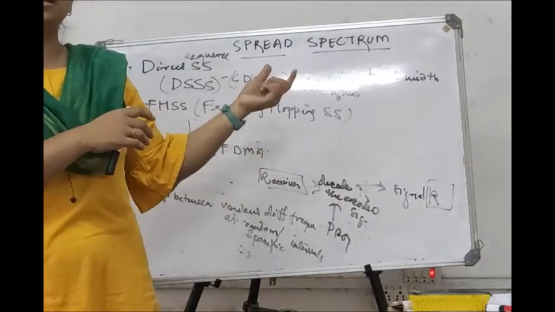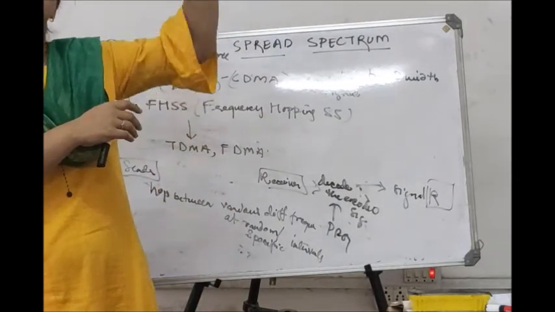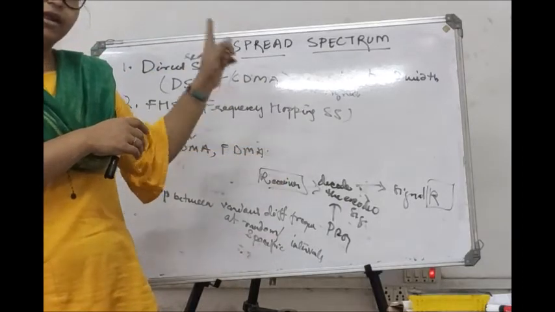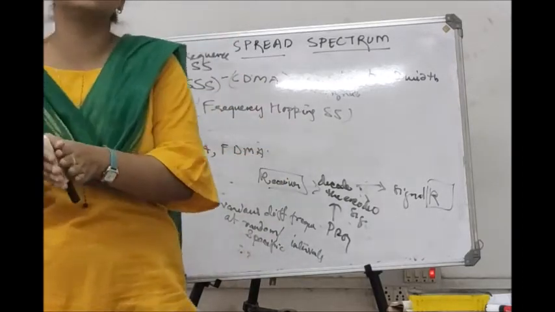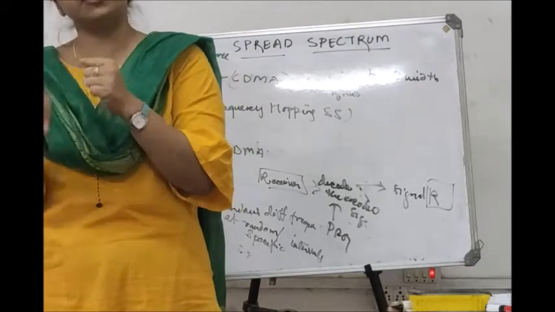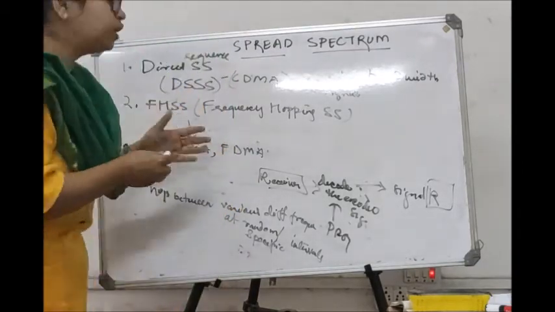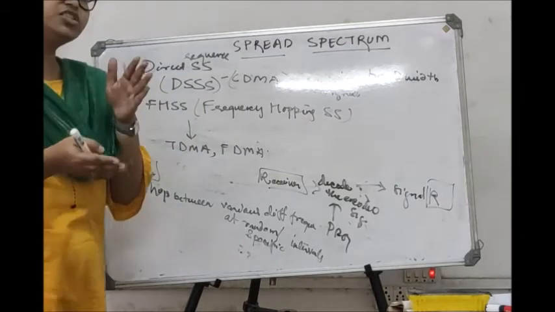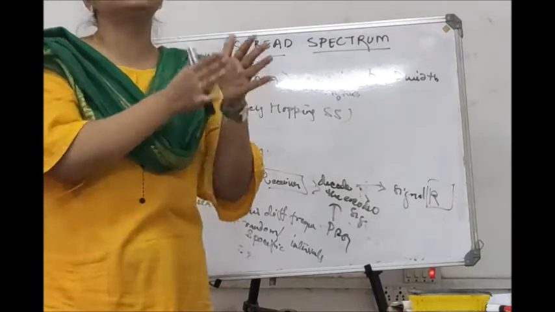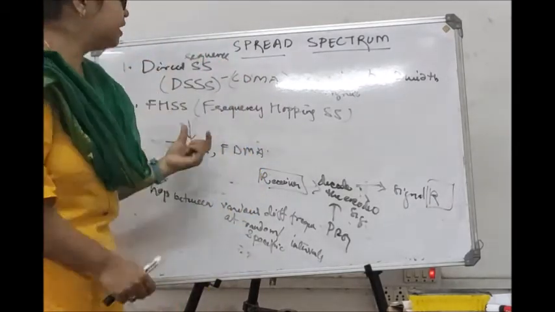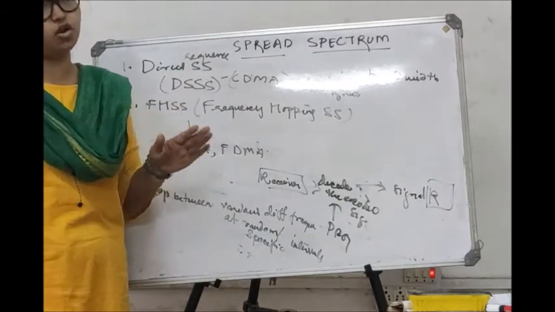At T1 maybe the sender is at frequency F1, and at the same time T1 the receiver may be working at frequency F2, some different frequency. All you need to remember is that in frequency hopping spread spectrum there is a change in frequency at certain intervals of time. It usually uses TDMA and FDMA to get its job done.